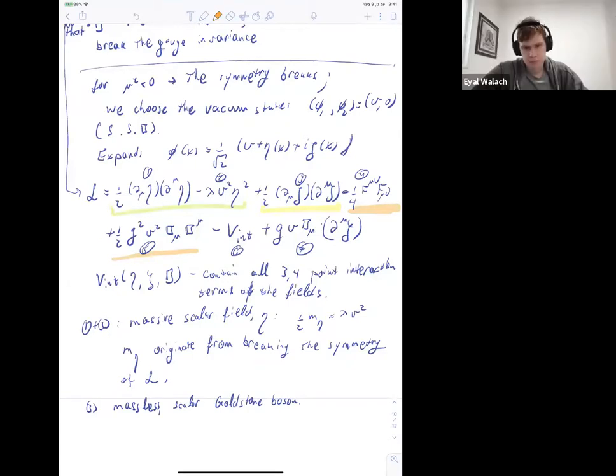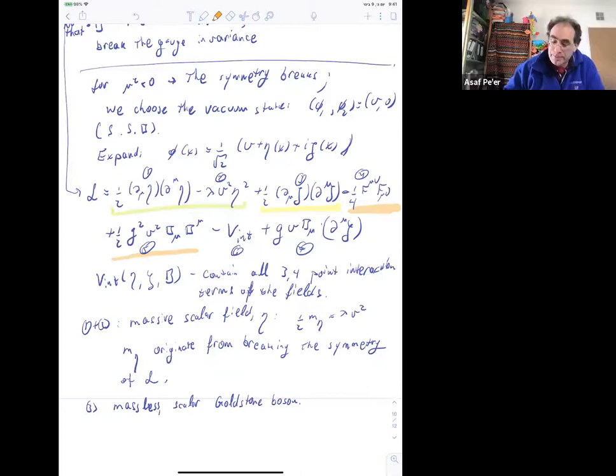Gauge boson. This is the gauge boson. This is the kinetic term. Number 4 is the kinetic term for the gauge boson. And what is number 5? That's a mass term for the gauge boson.